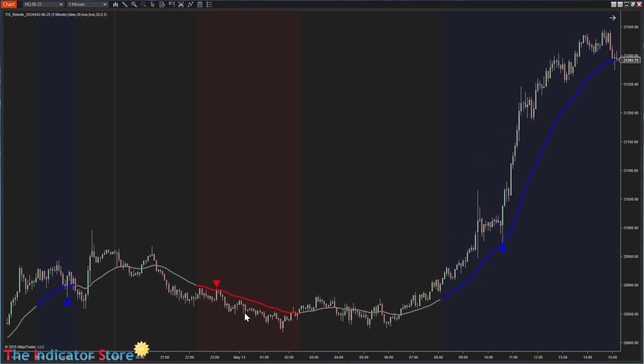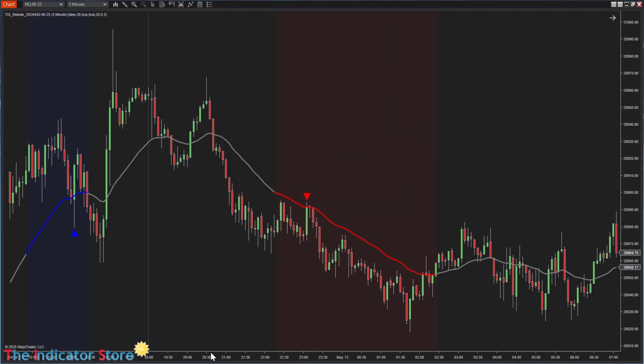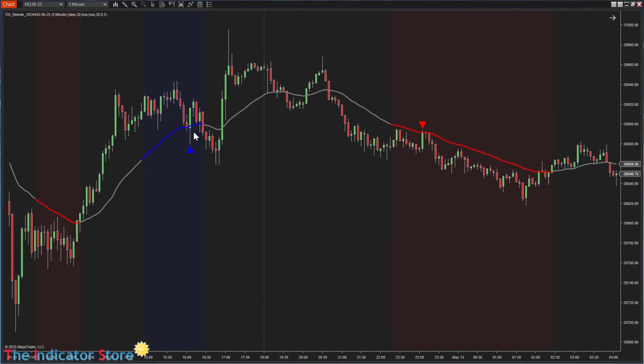This one is fine. This other, for example, we can see that the fill is more or less at the close. So depending on the size of my stop, it can be a winner, but it can also be a loser.